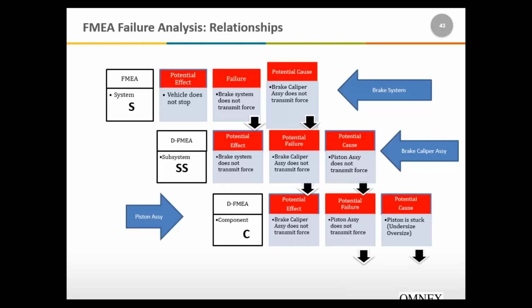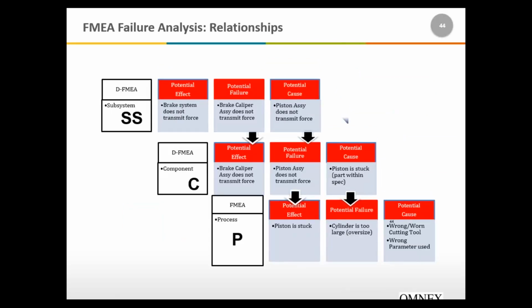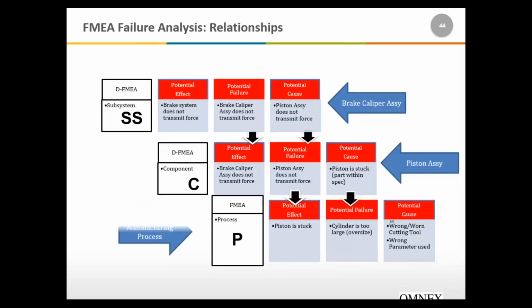It shows the cascading relationship between the higher level and the lower level. And in the next slide, also how that translates down to manufacturing, from the piston assembly to the piston assembly manufacturing. Comments, Greg?